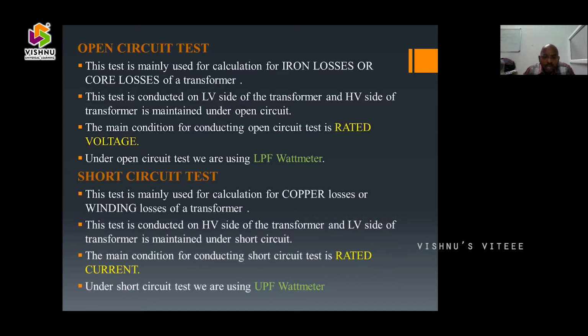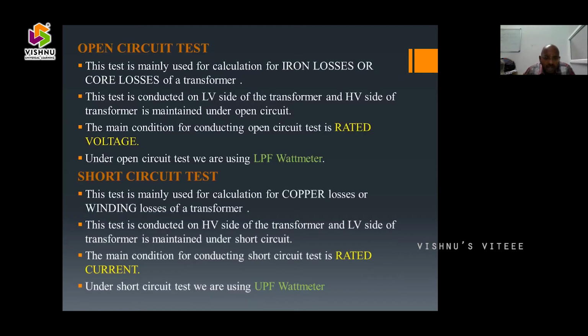And the main condition for conducting the open circuit test is rated voltage. This test is conducted on the transformer at rated voltage, because under the open circuit test we get the iron losses or constant losses of the transformer. These losses depend on the voltage rating of the transformer. That's why this test is conducted at rated voltage.